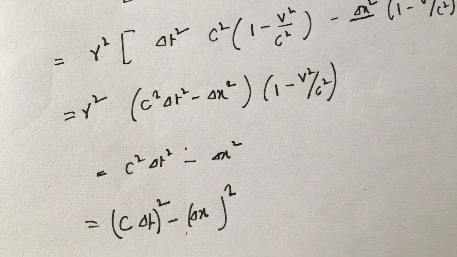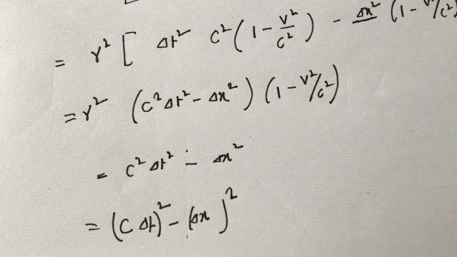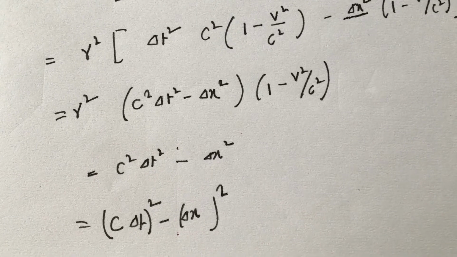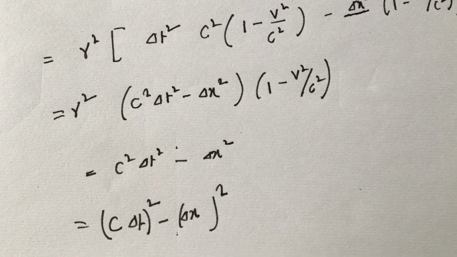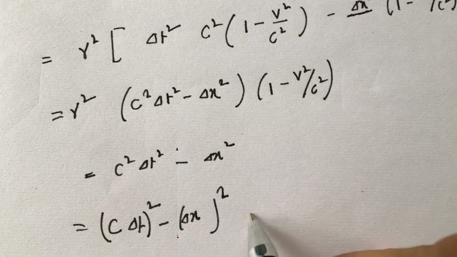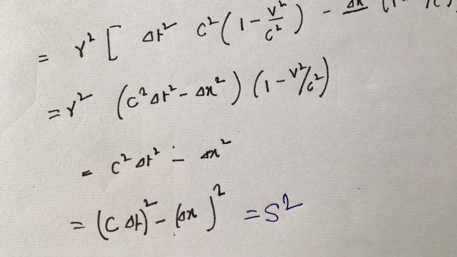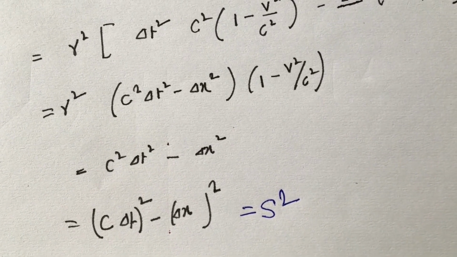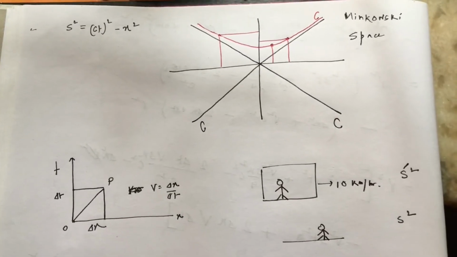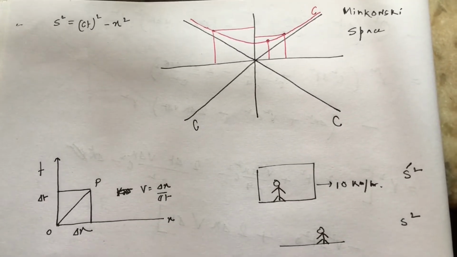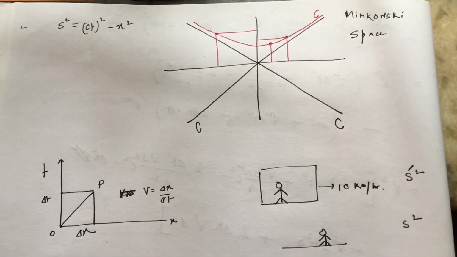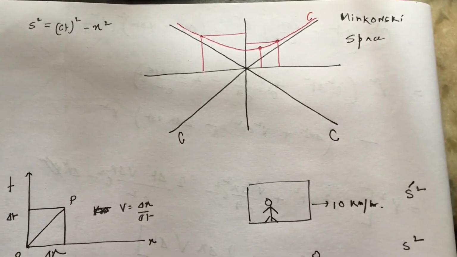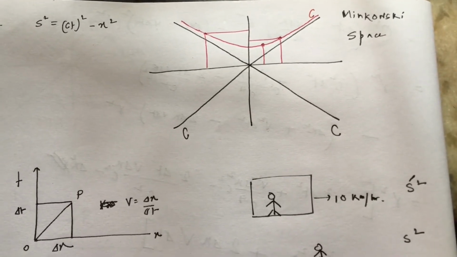Whatever be my reference frame, whatever be my measurement of time interval and displacement or distance, this quantity s square is invariant of the reference frame. We have already calculated that s square, which is ct square minus x square, is invariant of the reference frame in which we are measuring s square.